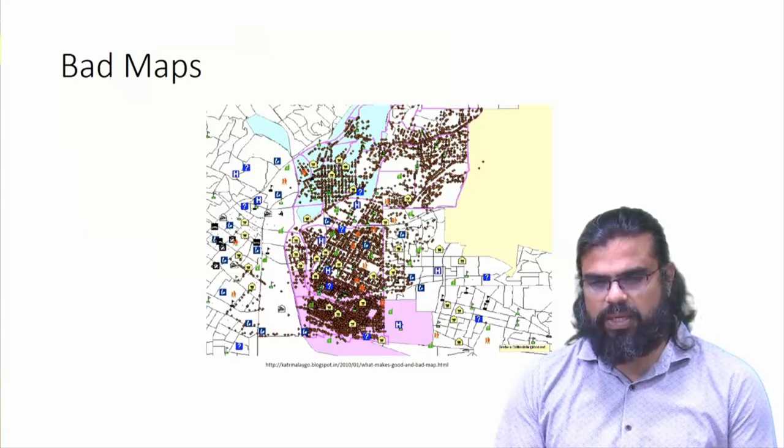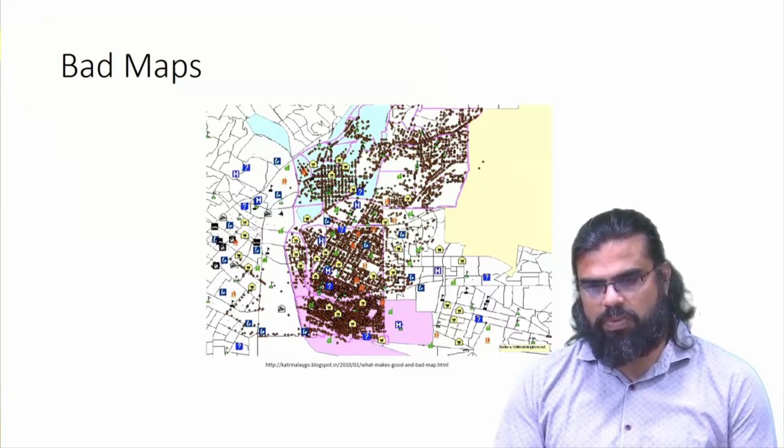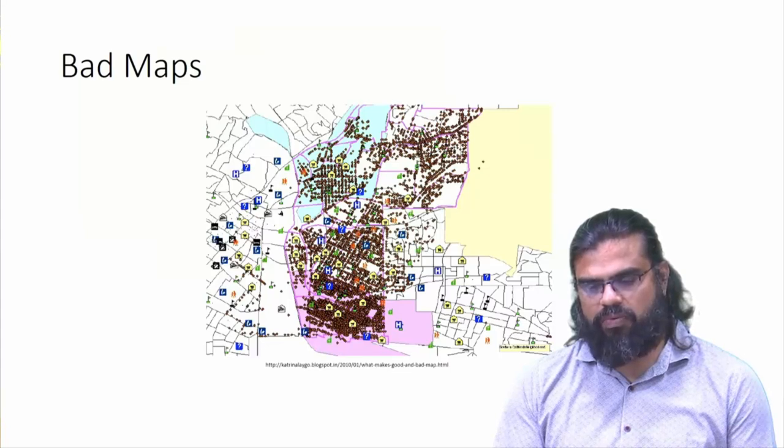There are a lot of points, so the user will first get confused why there are so many points. Then he or she will also get confused why those patterns are somewhere at high density and low density, and what is the purpose of those points. In some places those icons have also been provided with question marks, which indicates that there is missing information, so that information is not available.